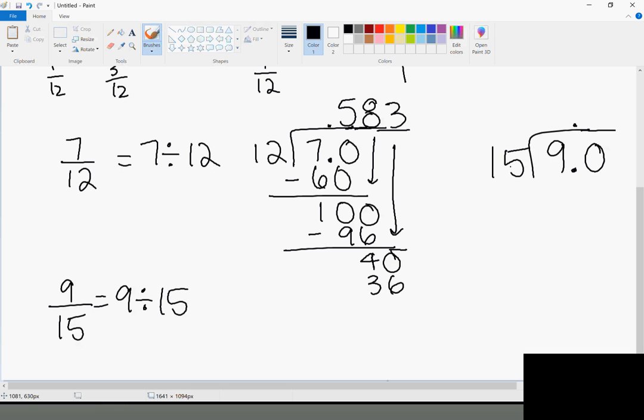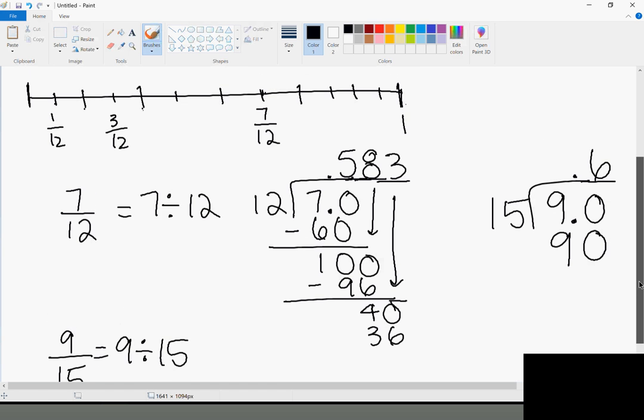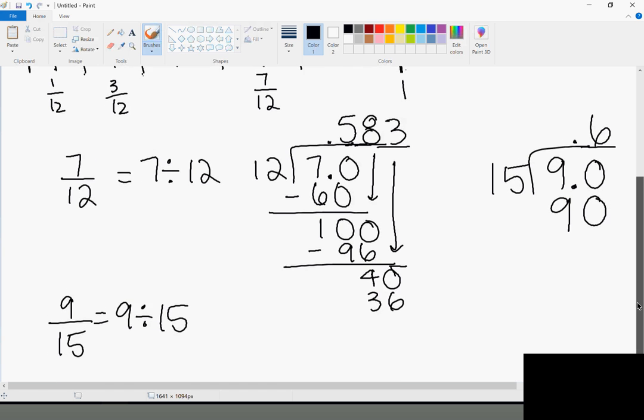So 15 times 2 is 30, times 4 is 60, times 6 is 90. 6 times 5 is 30, 0 carry the 3, 6 times 1 is 6, plus 3 is 9. And that was the way to go. All right. That took way longer than necessary.